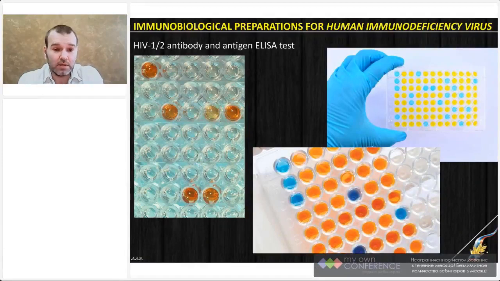In some cases, we have differential systems, the same ELISA, but containing several different enzymes, which will give you different colors for HIV-1 or HIV-2 infection, or intensity of color in the well. In the left picture, you can see that almost all samples are dark brown, but one is pale brown or yellowish.